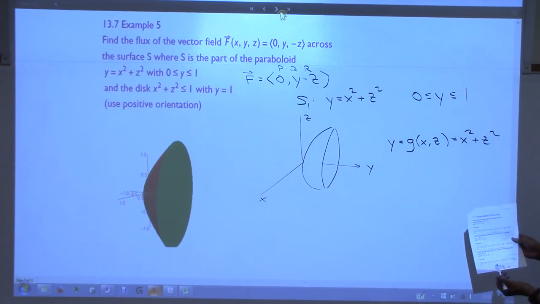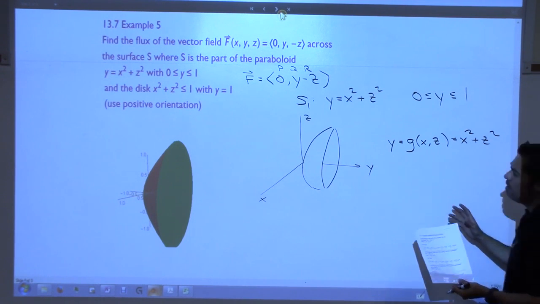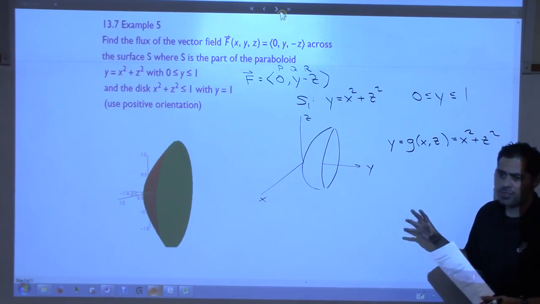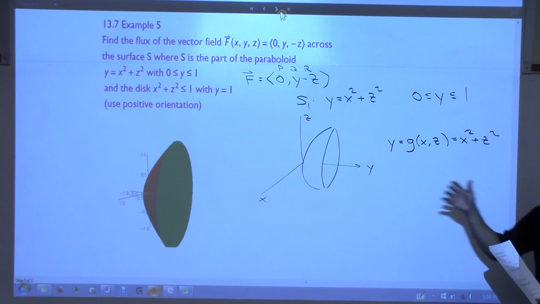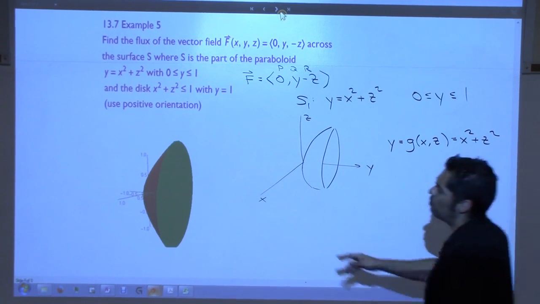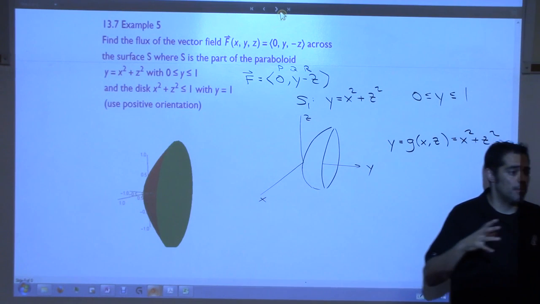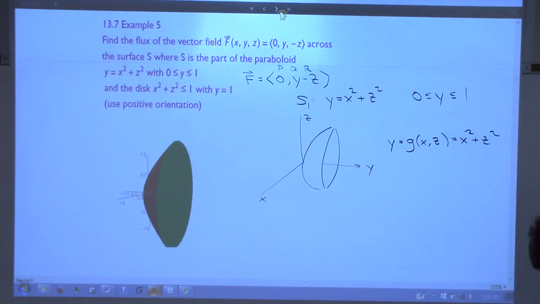And so what we need to determine before I figure out which formula I'm going to use here, or we already know which one, but how I'm going to orient the signs, is I need to ask myself whether or not the normal vectors for this surface are going to be pointed to the left or to the right from our viewpoint. So we want our normals in positive orientation, which means out away from the solid that they enclose. If it does enclose the solid, positive orientation is outward, right?